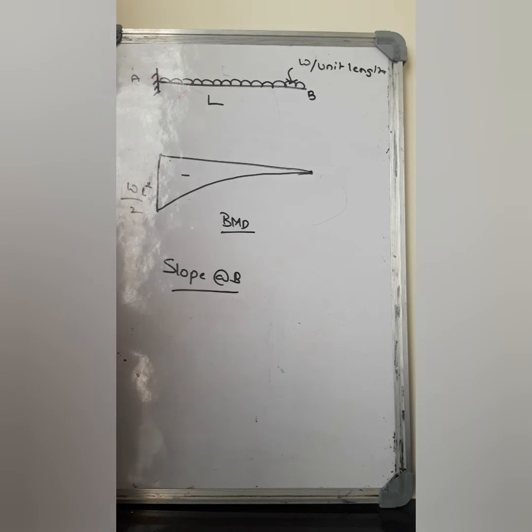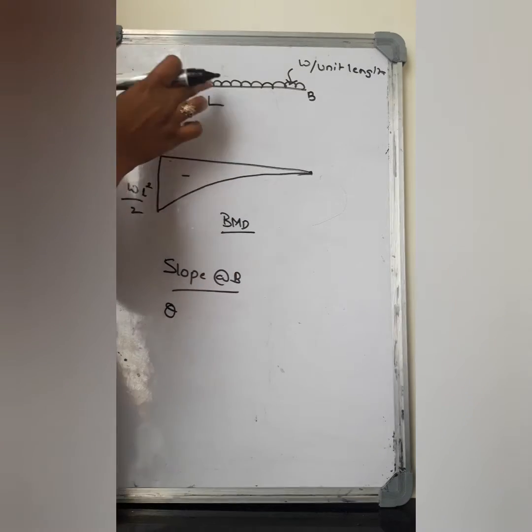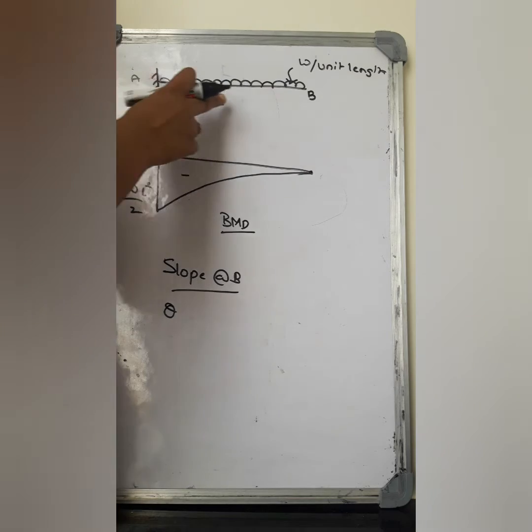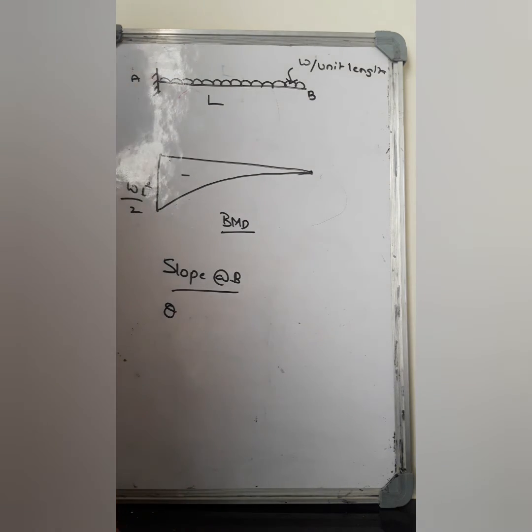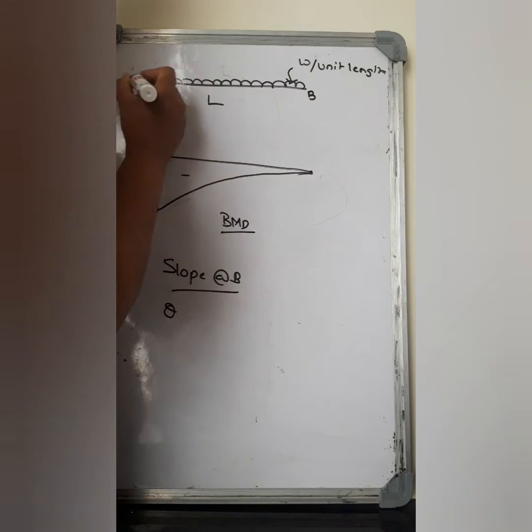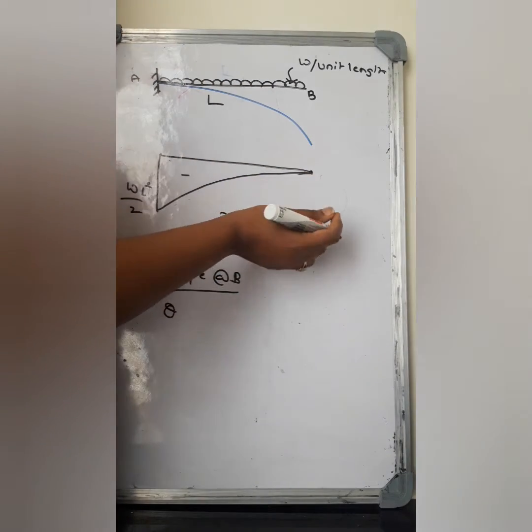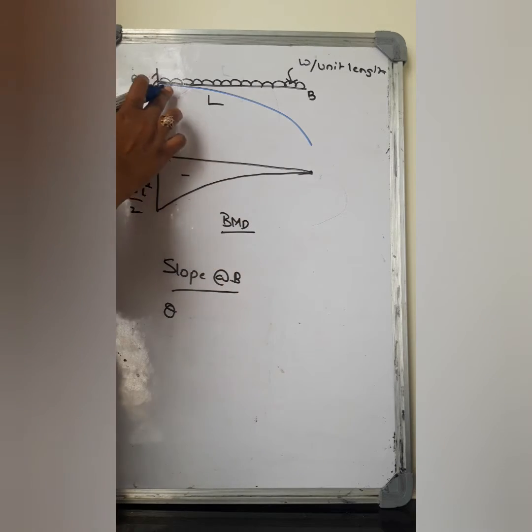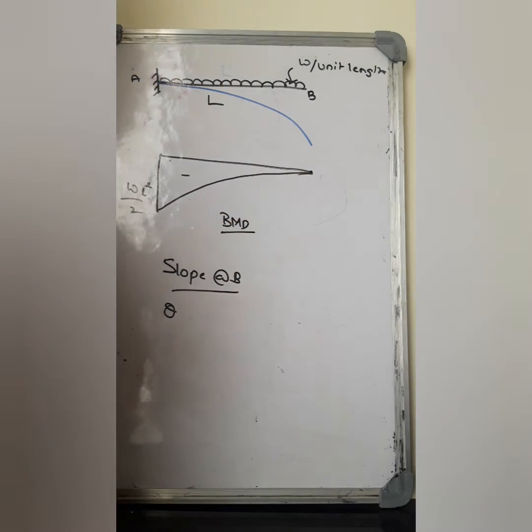Now, if I am going to calculate the slope between A and B, that will be the area between them. So this is the deflection curve. Here you will have maximum slope and maximum deflection.